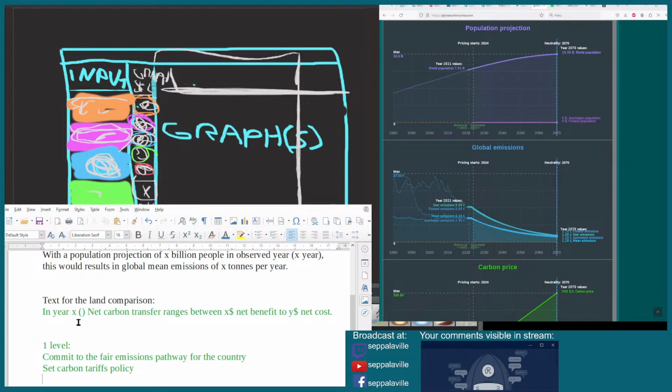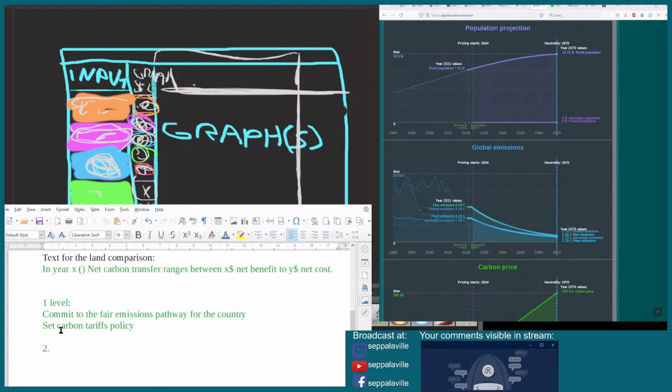And the second level is to commit to a global carbon price and dividend. There could also be a third tier.